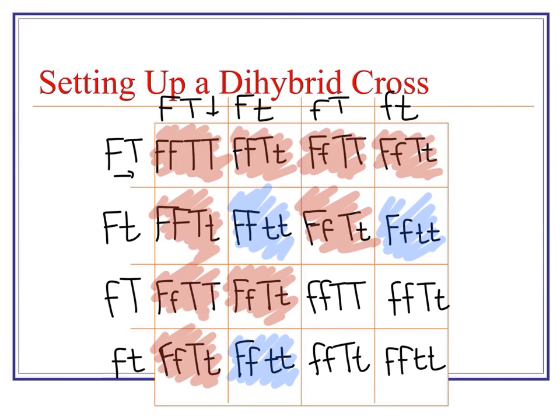And let's do the same thing for no freckles, so 2 little f's, but at least 1 dominant allele for tongue rolling. So we have 1, 2, 3, again. And then this last one, which has all recessive alleles, so no freckles, no tongue rolling, I'm going to leave that one just white. But now we can use this to answer the questions on the next slide.